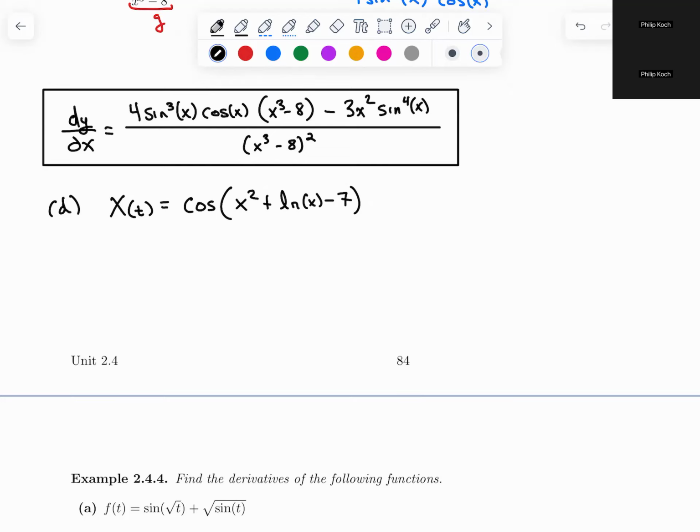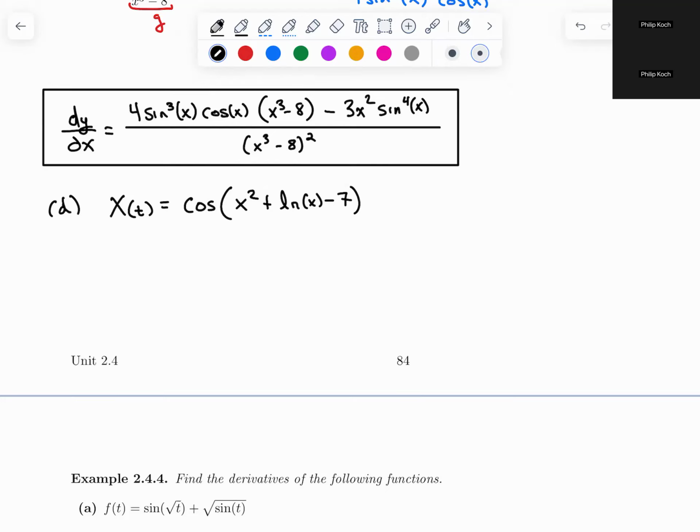So this is, once again, a chain rule because it's an outer function, which is cosine, and an inner function, which is x squared plus natural log of x minus 7. So the outer function is cosine. The derivative of cosine is negative sine.